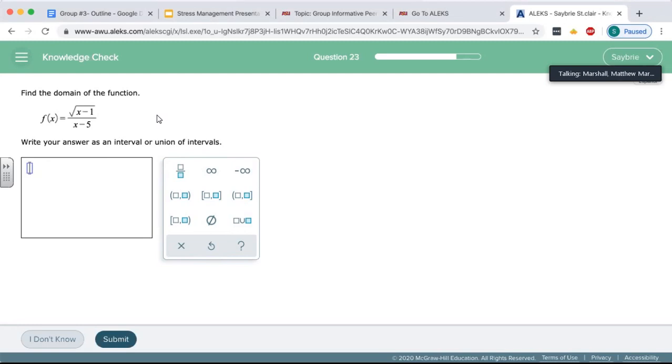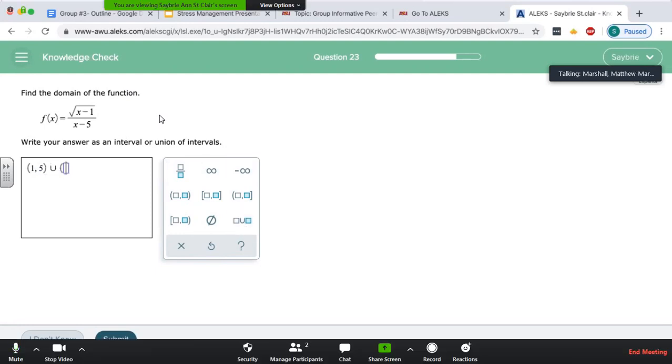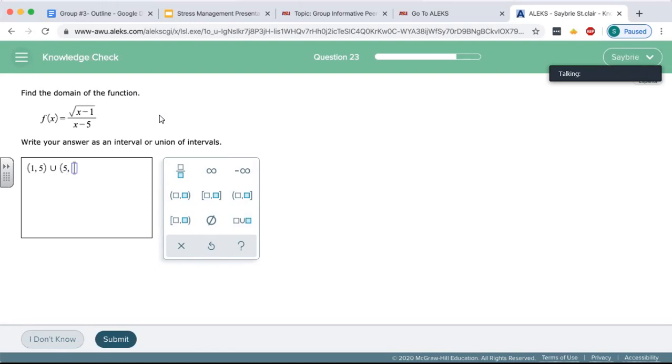Alright, so the first one's going to be rounded bracket 1, comma, 2 to 5, and then union symbol, 5 to infinity.